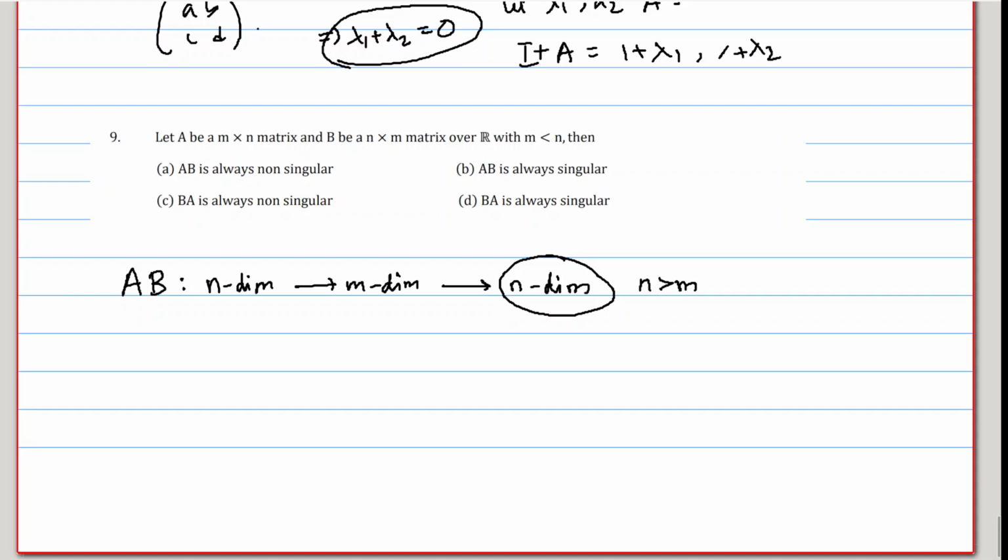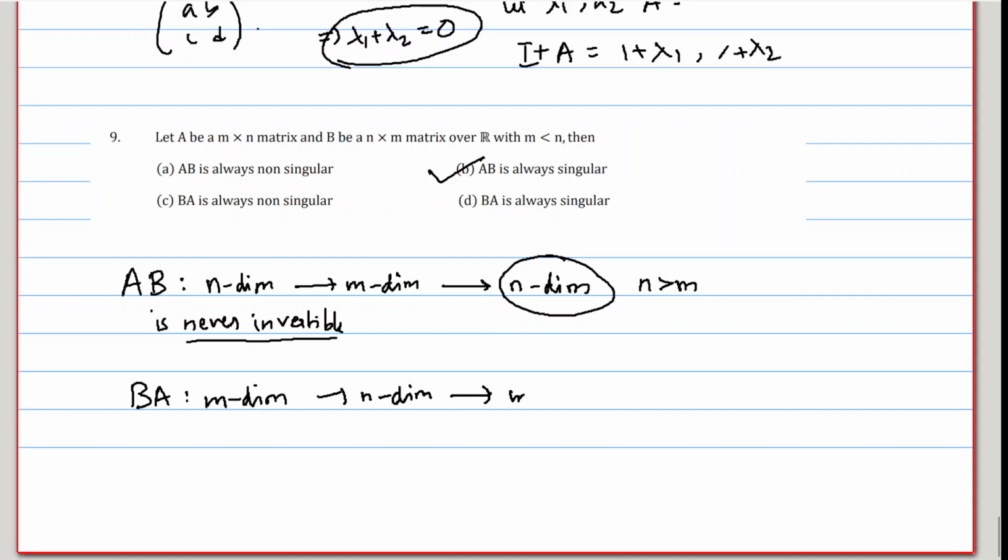So AB is never invertible, which means it is singular. AB is always singular. Now BA is from M dimension, a smaller one, to the bigger N dimension, and again back to a smaller one. We saw that we have produced multiple examples for which this is a bijective map.